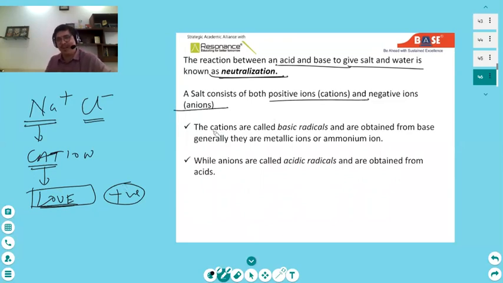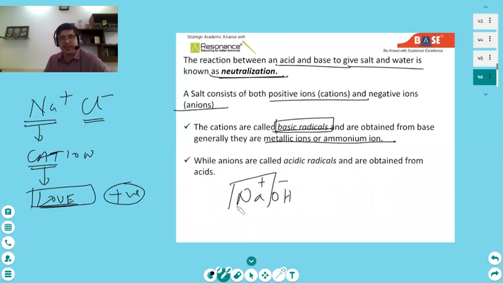Okay, good. So the cations are called basic radicals, which we have discussed already. They have positive charge and are obtained from the bases. Generally, they are the metallic ion or ammonium ion. For example, when I take NaOH, this is Na plus and OH minus. So this is from base, and this is the metallic part.